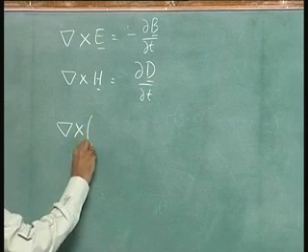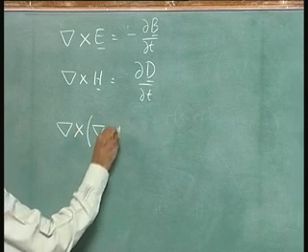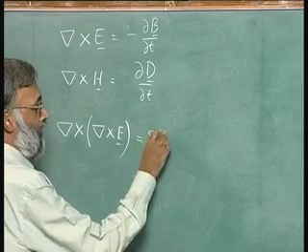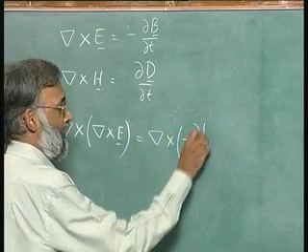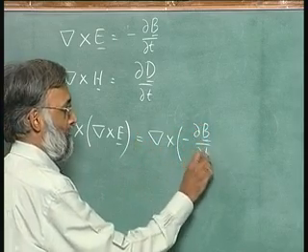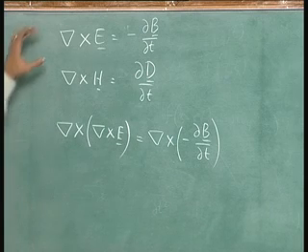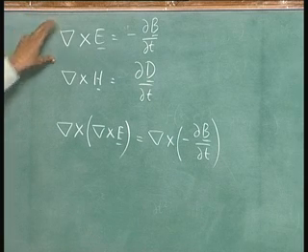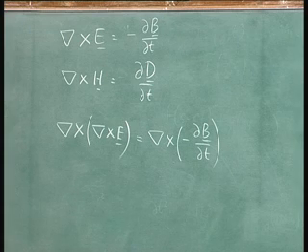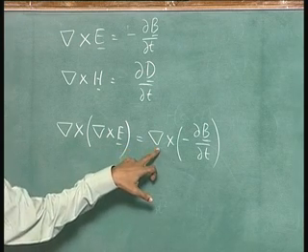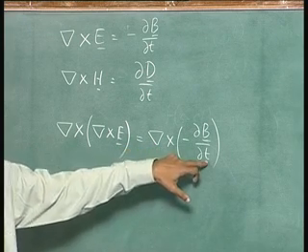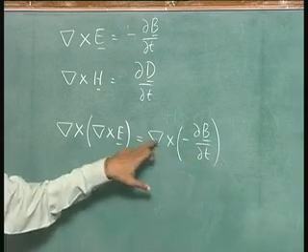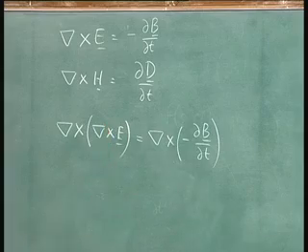Curl of E is equal to curl of minus del B del T. I have just taken this equation and taken its curl. This is acting on x, y, z, this is acting on time. So, they are independent operations, so I can commute them.